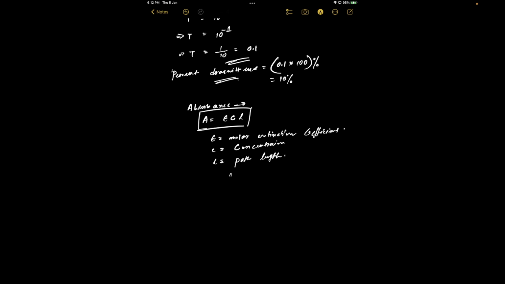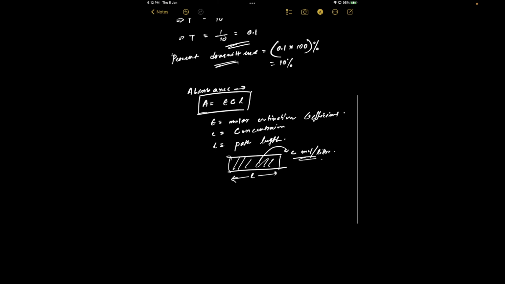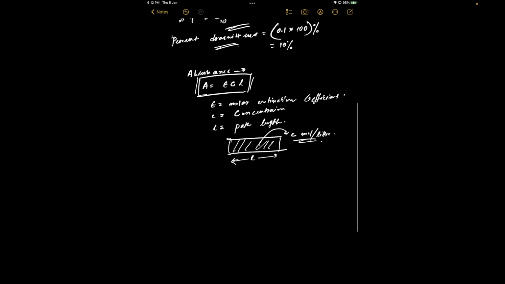So let's say this is the cell, so this is l, the path length, and the concentration of this solution is c. Let's say c mole per liter. Then the absorbance will be epsilon times the concentration of the solution times the path length. Okay, so just remember this formula, it will be needed.